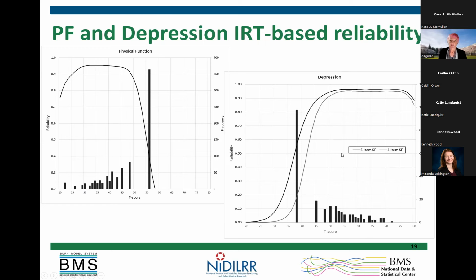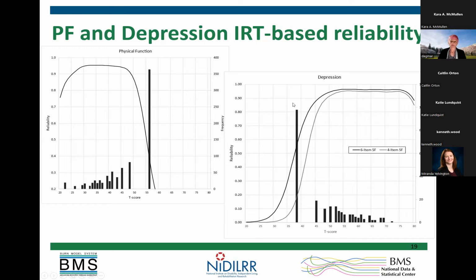With depression, we administered both the 4 and 6 item short forms. And again, in depression, the mean is 50, but with depression, a lower score is better and a higher score is a problem, meaning more depressive symptoms.